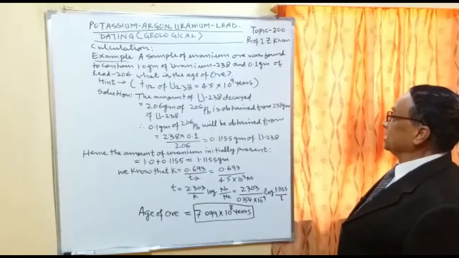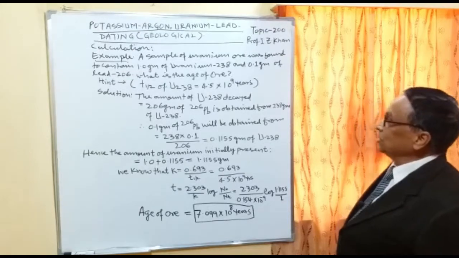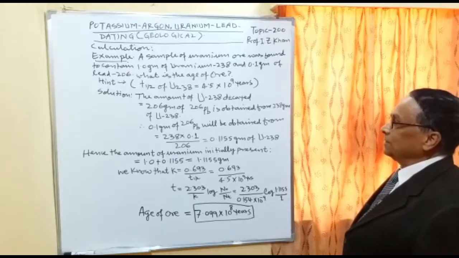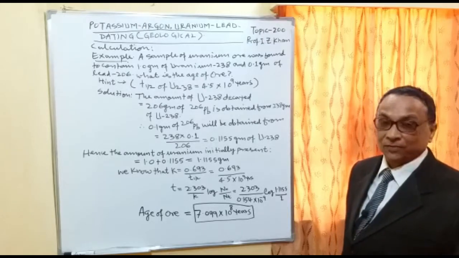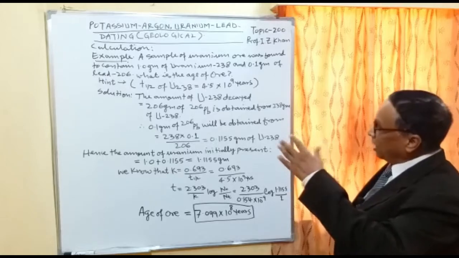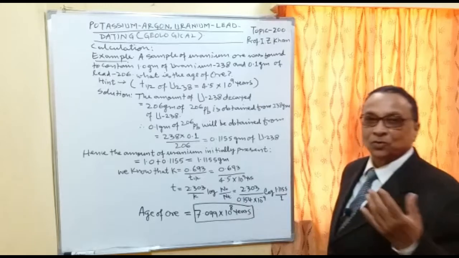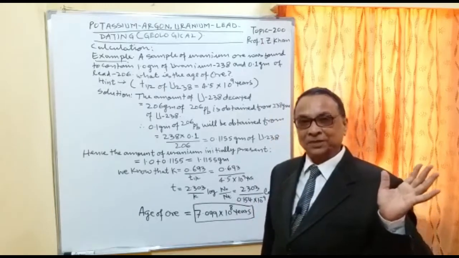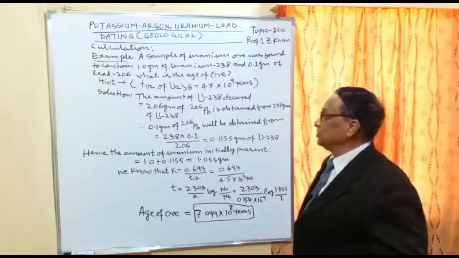A sample of uranium ore was found to contain 1.0 gram of uranium 238 and 0.1 gram of lead 206. What is the age of the ore? It is a very common, simple, straightforward question, and all questions will be like that. Once they want you to calculate the age of an ore or mineral or anything, you have to apply the same principle, and for carbon dating you have to apply the formulae which I have given you.